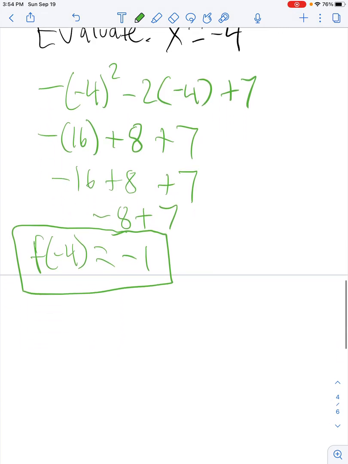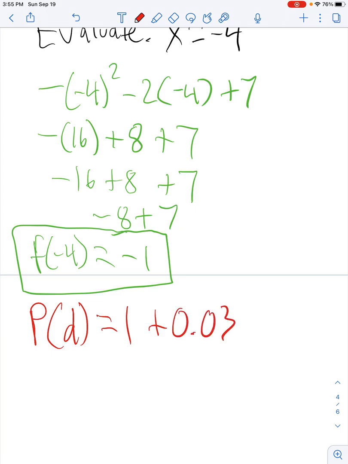All right, so one last example here. A diver using a diver propulsion vehicle, like an underwater submarine thing, descends to a depth of 130 feet. The pressure in the atmosphere, because as you go deeper the pressure increases, is given by the equation P of D equals 1 plus 0.03 D, where D is depth in feet.